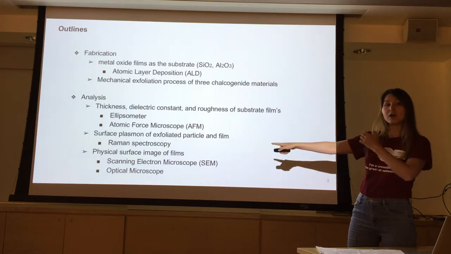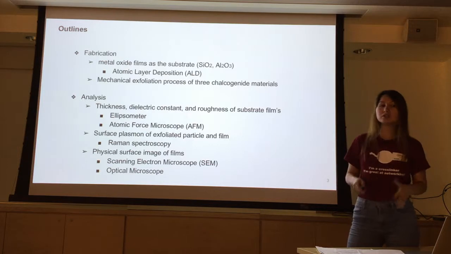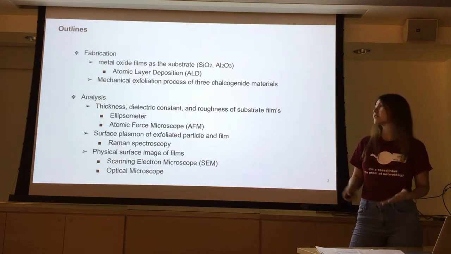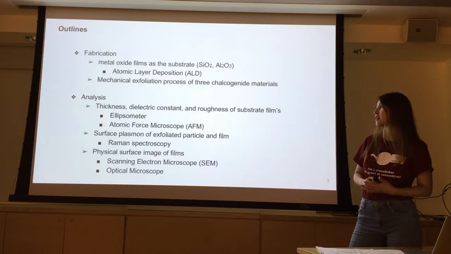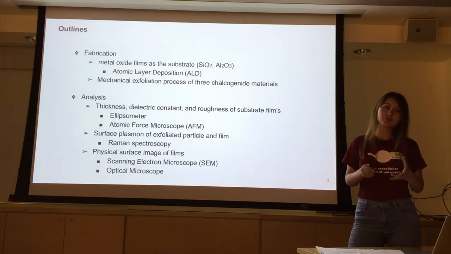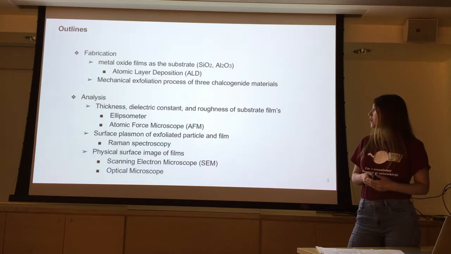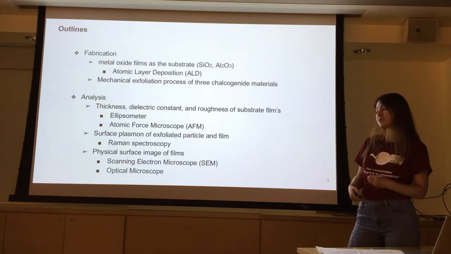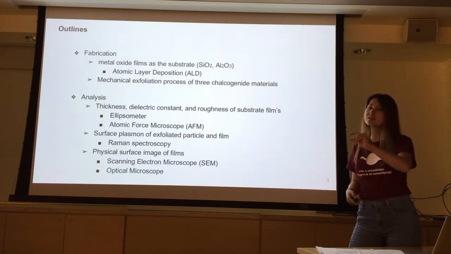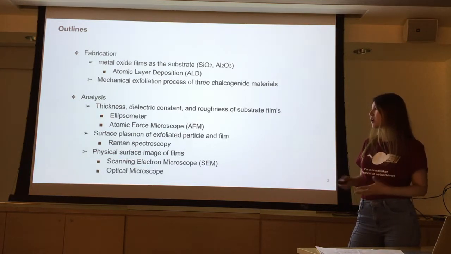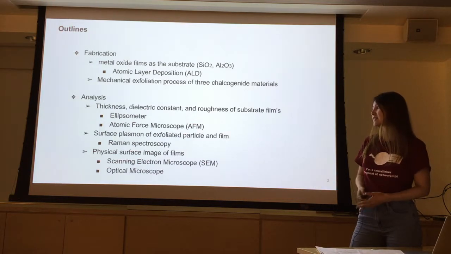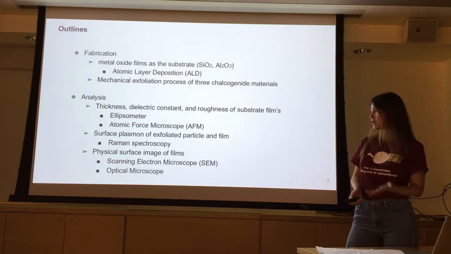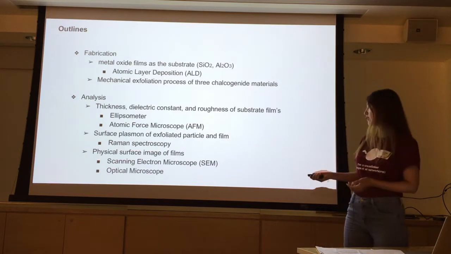In the analysis part, after creating this film, I measure their dielectric constant, thickness, index, and roughness with an ellipsometer and atomic force microscopy. Also, after the exfoliation process, I measure the surface plasmon of the exfoliated particles and the surface with Raman spectroscopy. I also use a scanning electron microscope and an optical microscope to take pictures of my film surface.